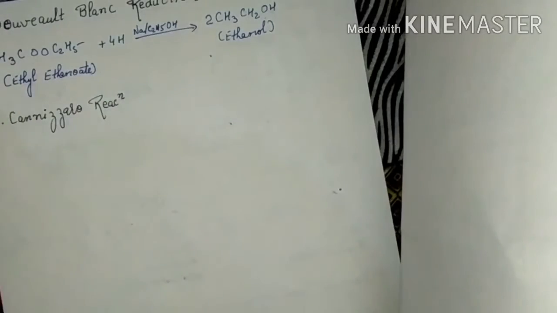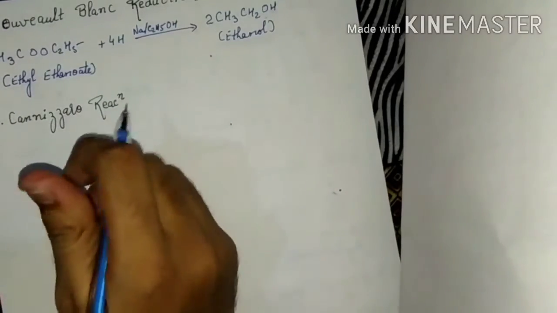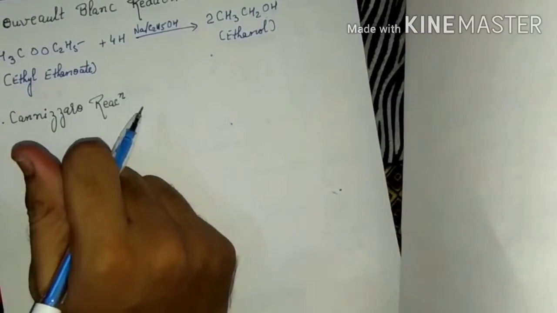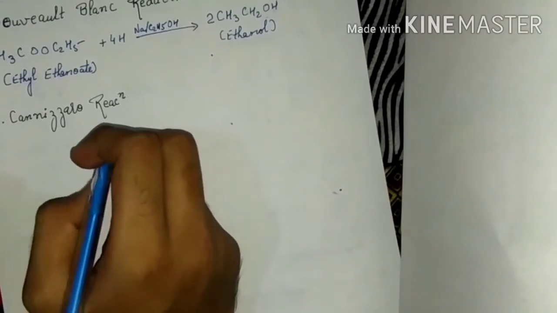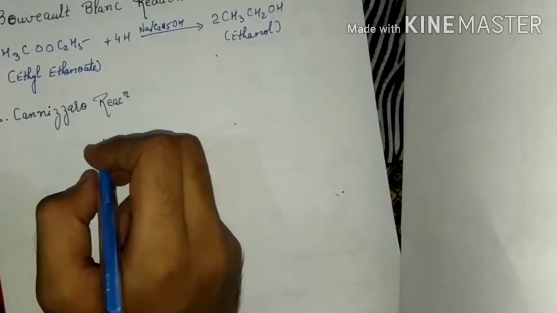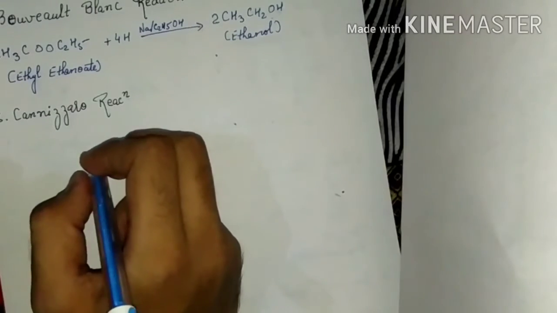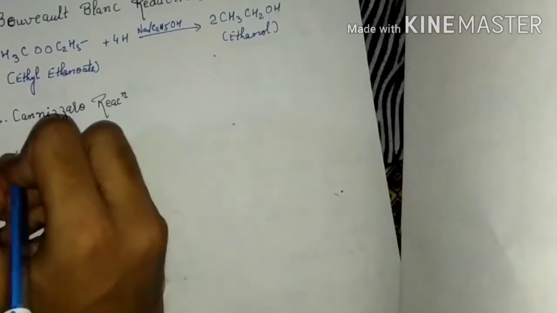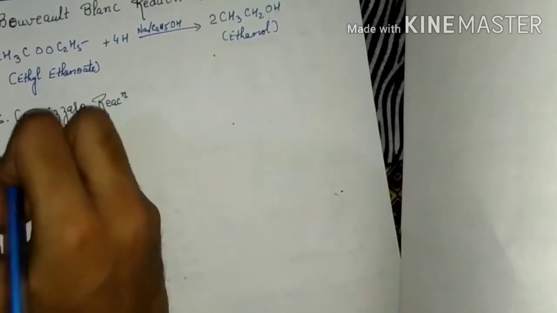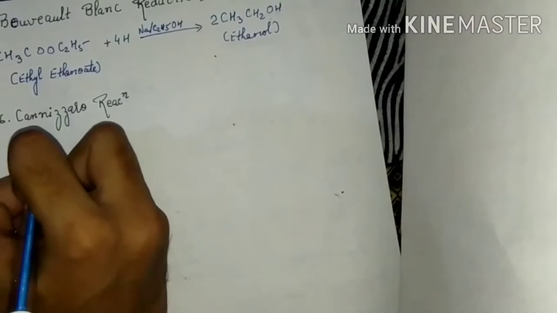Okay, what the Cannizzaro reaction says is that two molecules of formaldehyde in concentrated NaOH gives CH3OH and H3C double bond O minus Na plus. Let us write that in the form of a reaction.